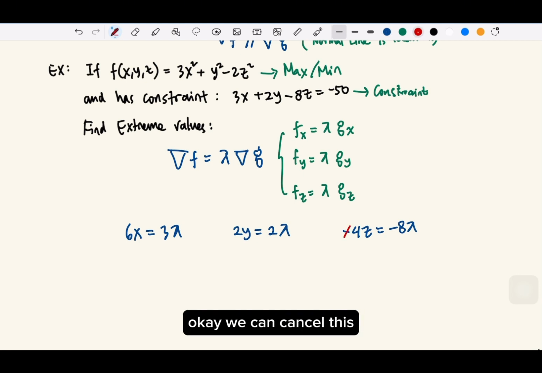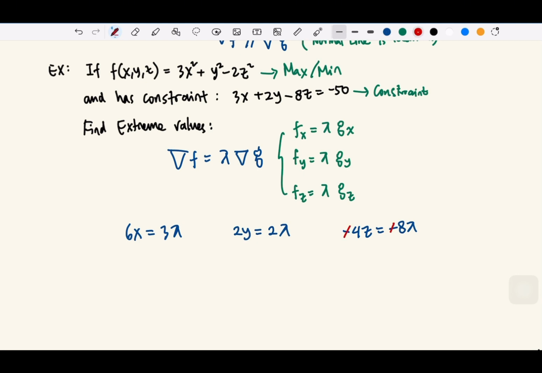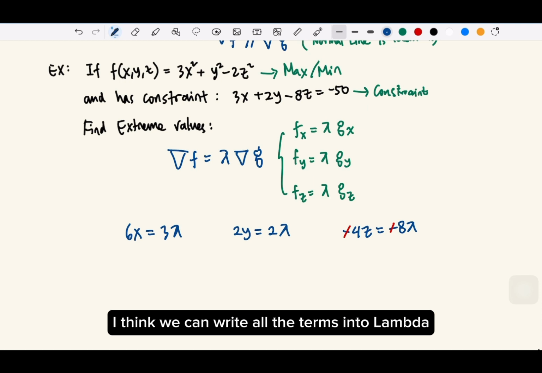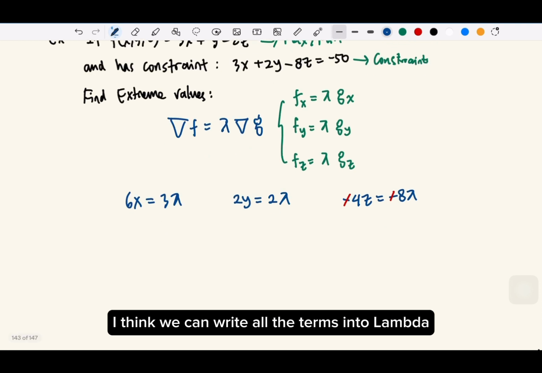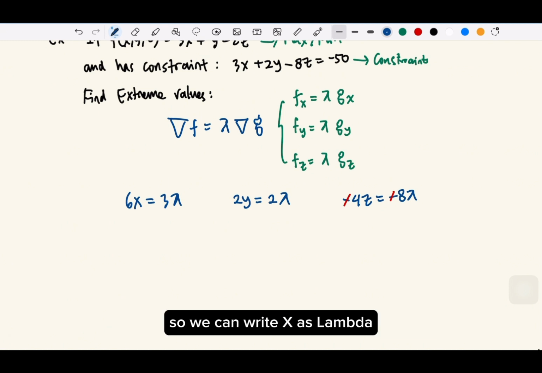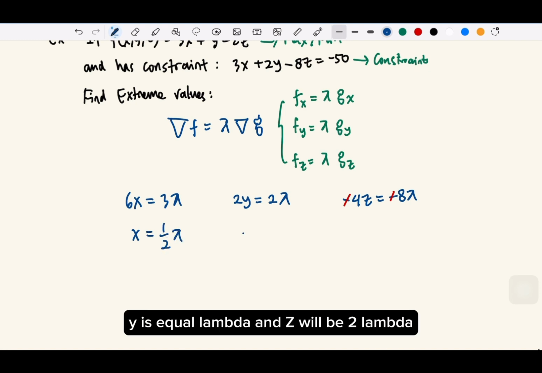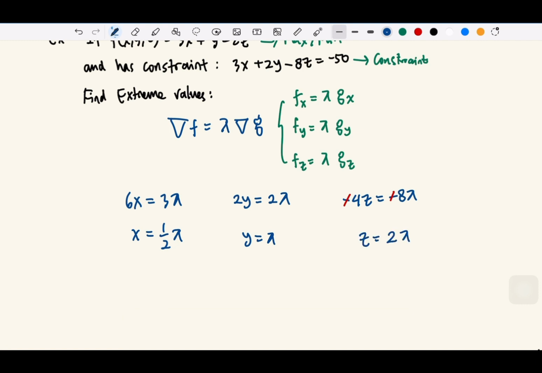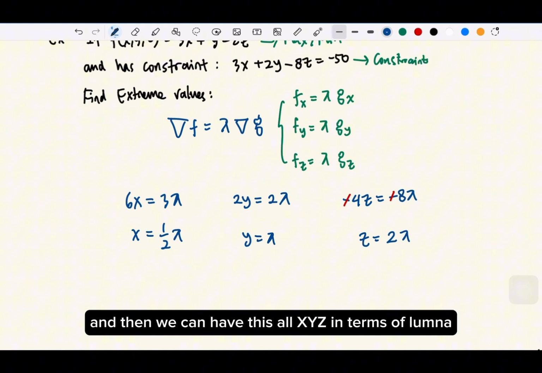We can cancel this, and I think we can write all the terms in lambda. So x will be half lambda, y is equal to lambda, and z will be 2 lambda. Then we have all x, y, z in terms of lambda.